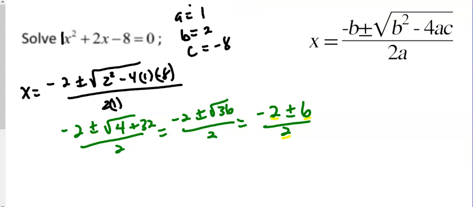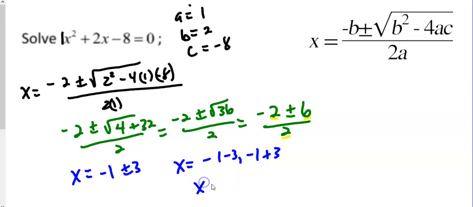So we can rewrite this to make it a little bit easier for ourselves, as x is equal to -1 plus or minus 3, which we still have to split, is -1 minus 3 and -1 plus 3. So our answer would be x is equal to -4 and 2.